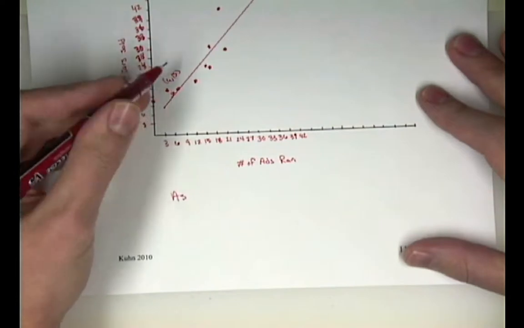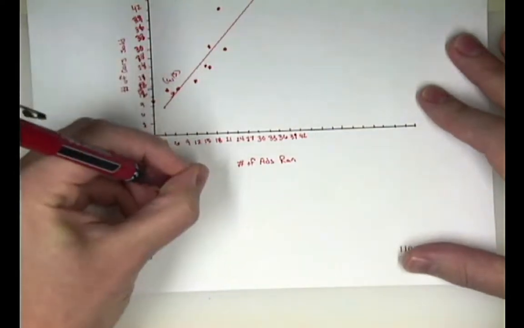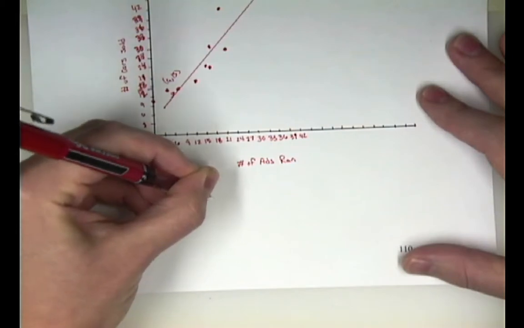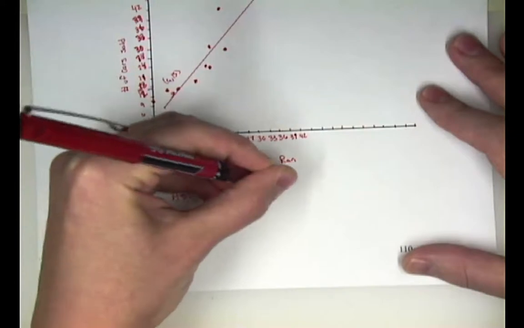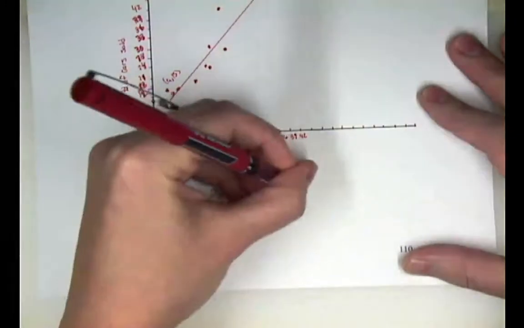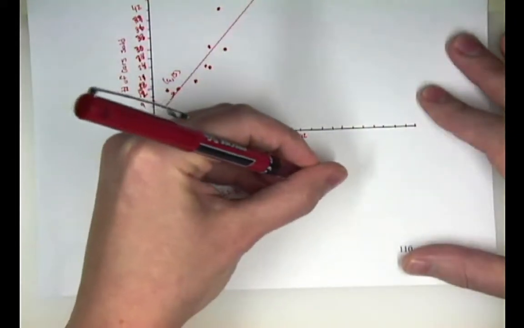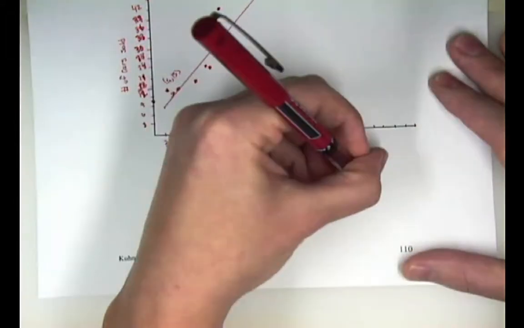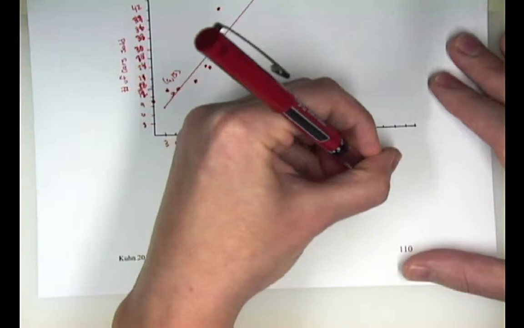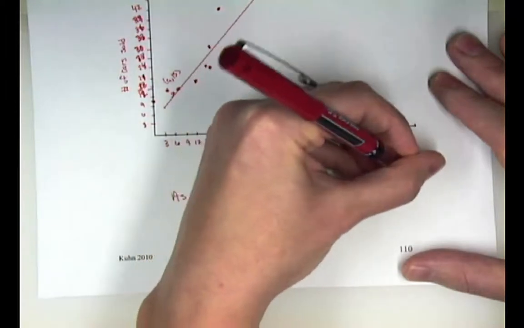The slope is obviously positive, so as the x increases, which is the number of ads ran, which is your x variable, what happens to the y variable? The y variable is number of cars sold.